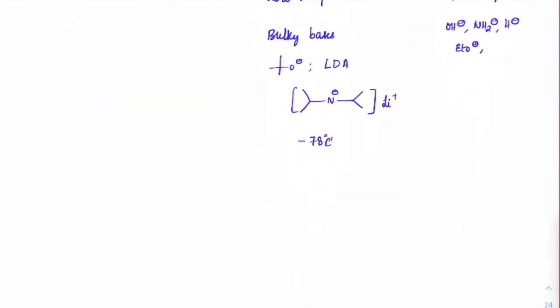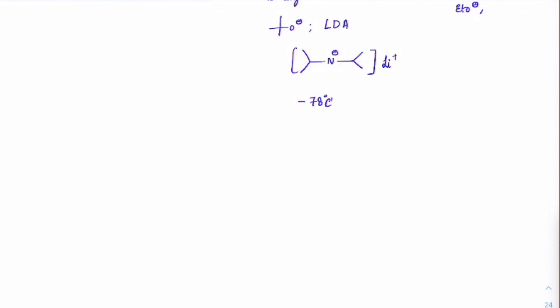Suppose there is a question given where I have a cyclic ketone with a methyl group here, and first it is given LDA at around minus 78 degrees centigrade, and second reaction is CH3Br. So first what would happen?